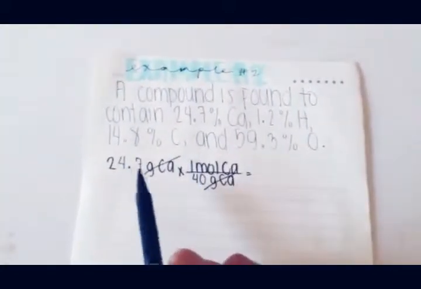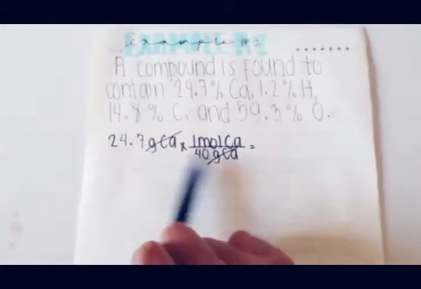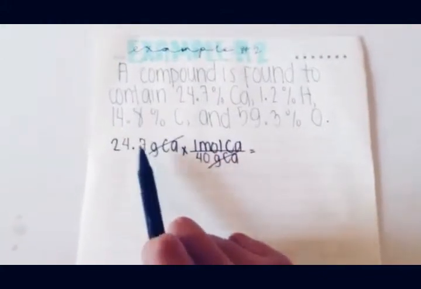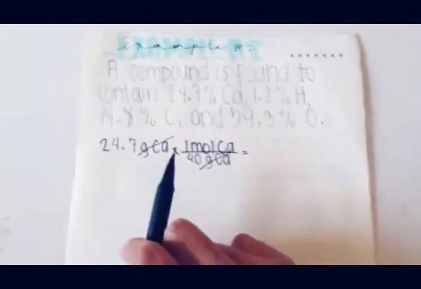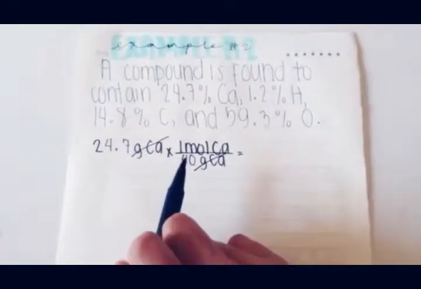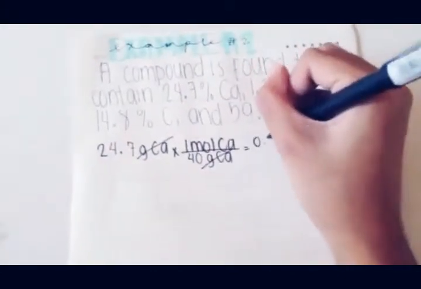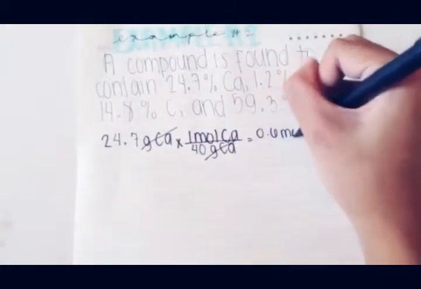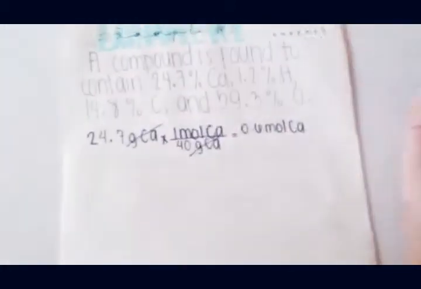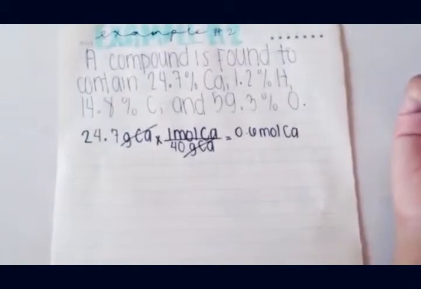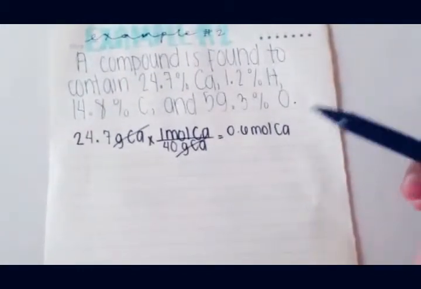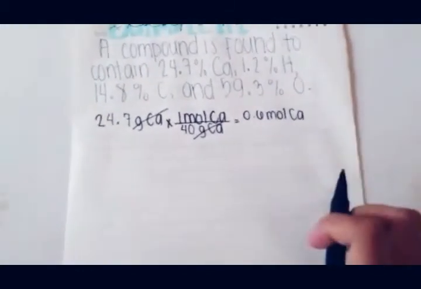So we have to solve this now. 24.7 times 1 is equals to 24.7. 24.7 divided by 40 is equals to 0.6 mole calcium. Don't forget to round off if needed.